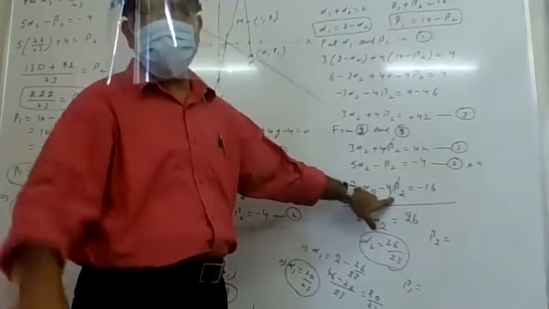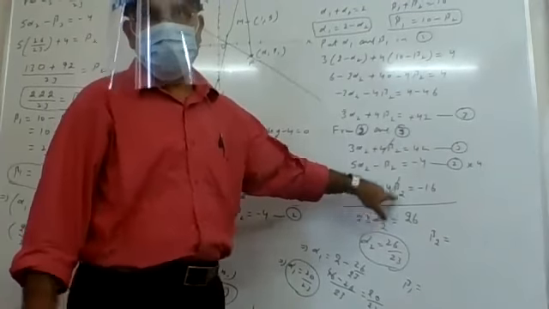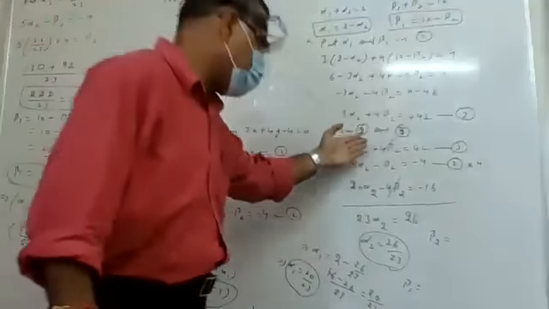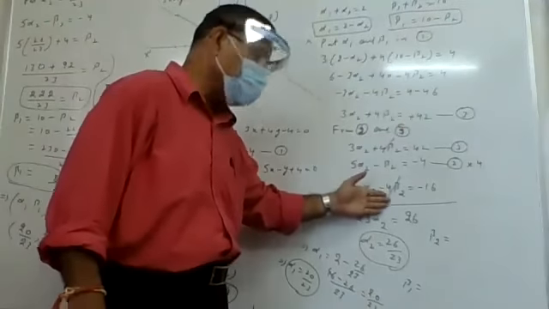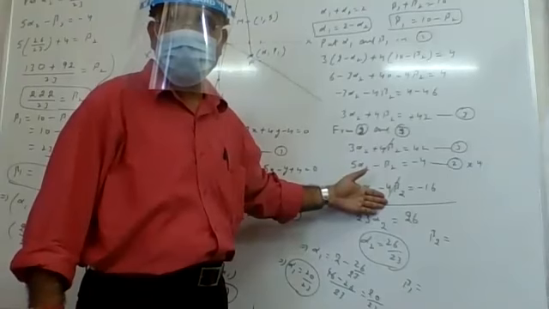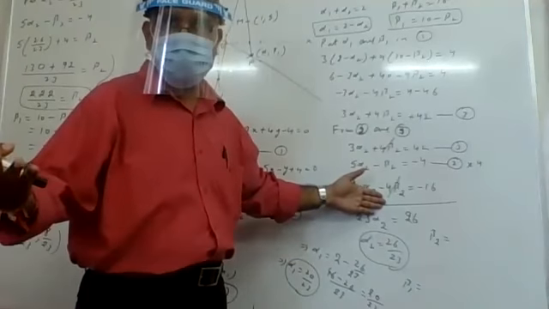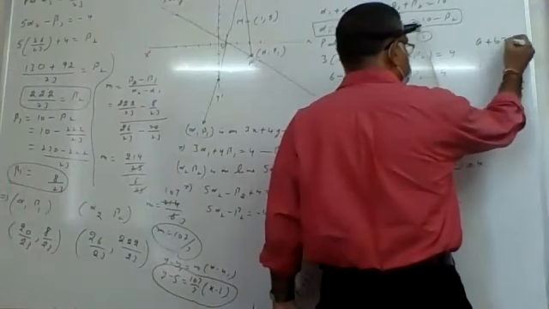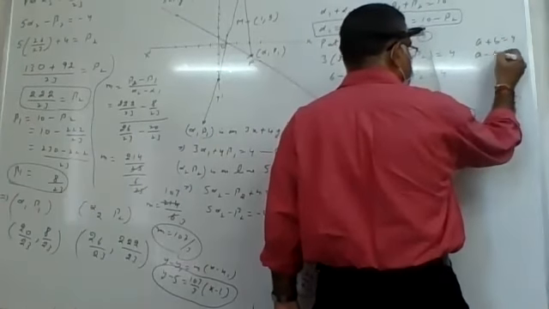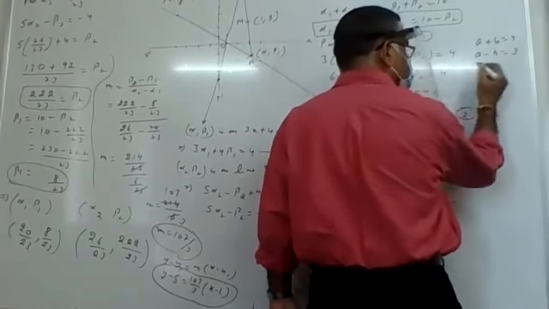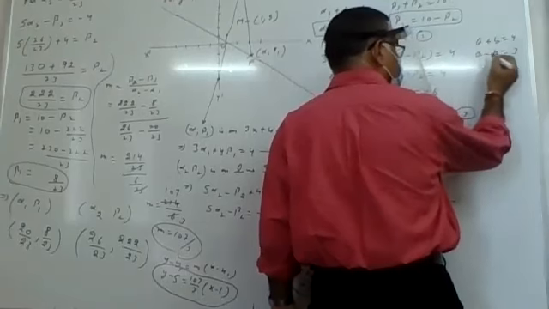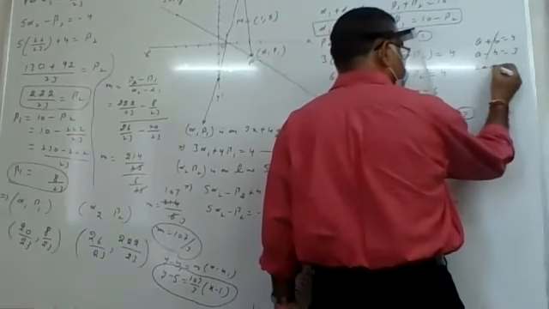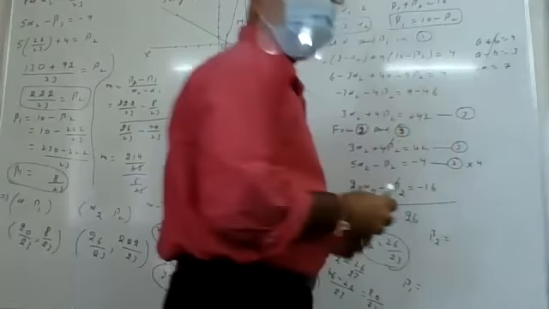We subtract only to change the signs. When the signs are already different, there is no need for subtraction. Is it clear? Suppose there is an equation a plus b is equal to 4 and a minus b is equal to 3. Why would I change the sign to cancel a? When the signs are already opposite for b, I will add. This will be 2 and this will be 7.